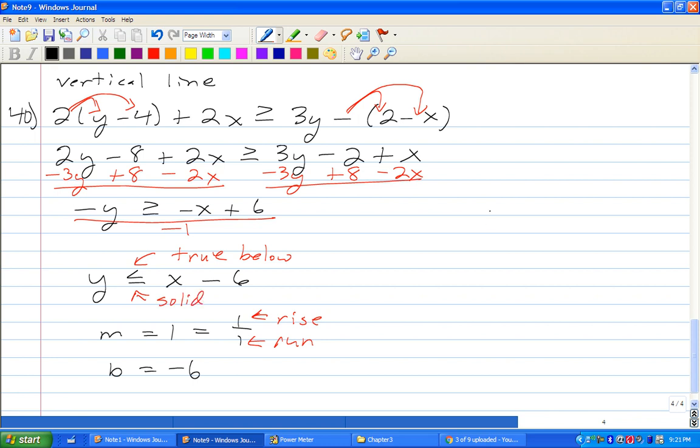So let's draw this. Try to make it a little bit straighter if at all possible. Well, I guess not. Oh, that's going to be negative 6. That's way down there.